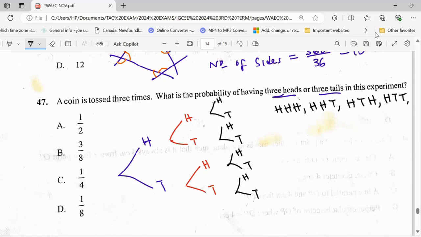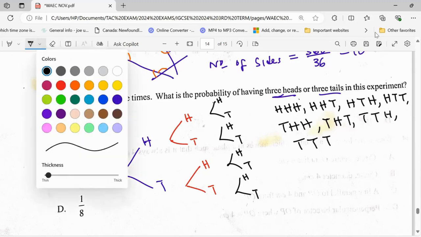Then there is tail, head, head. There is tail, head, tail. We have tail, tail, head. And then there is tail, tail, tail.